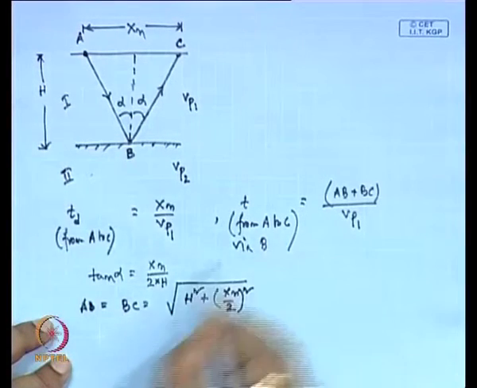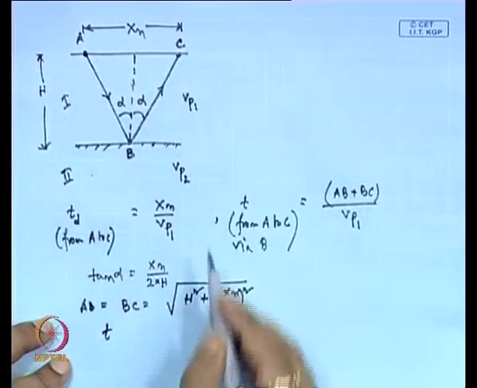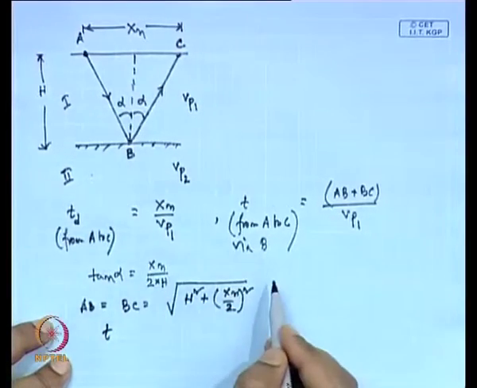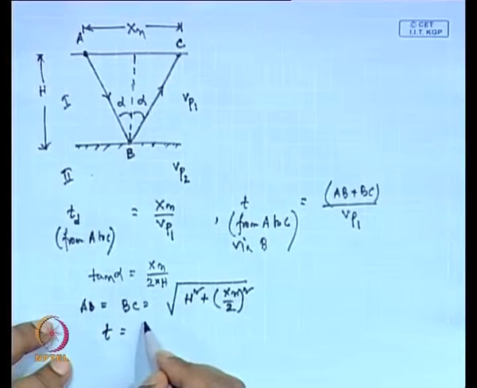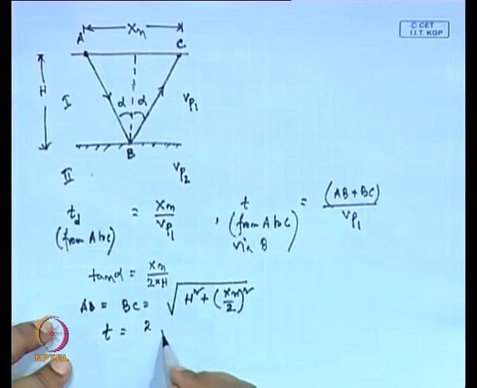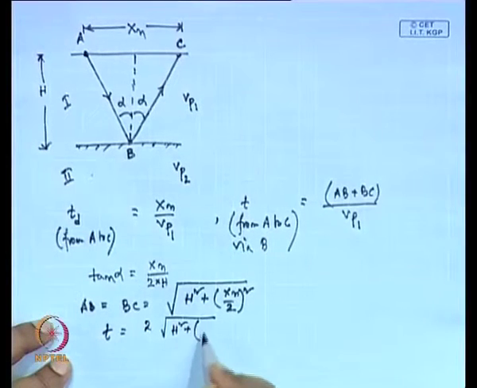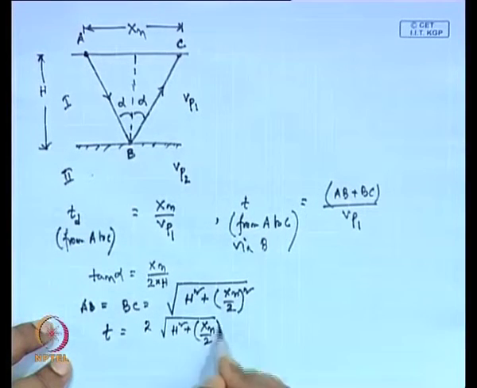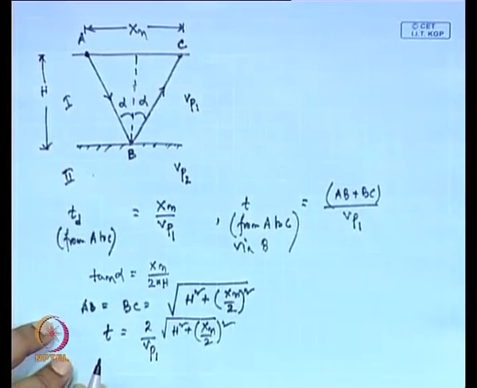Now, we can write this t, that is the time required for this ray via BC from A to C, that will be equal to 2 into root over h square plus x n divided by 2 whole square, divided by V p 1.